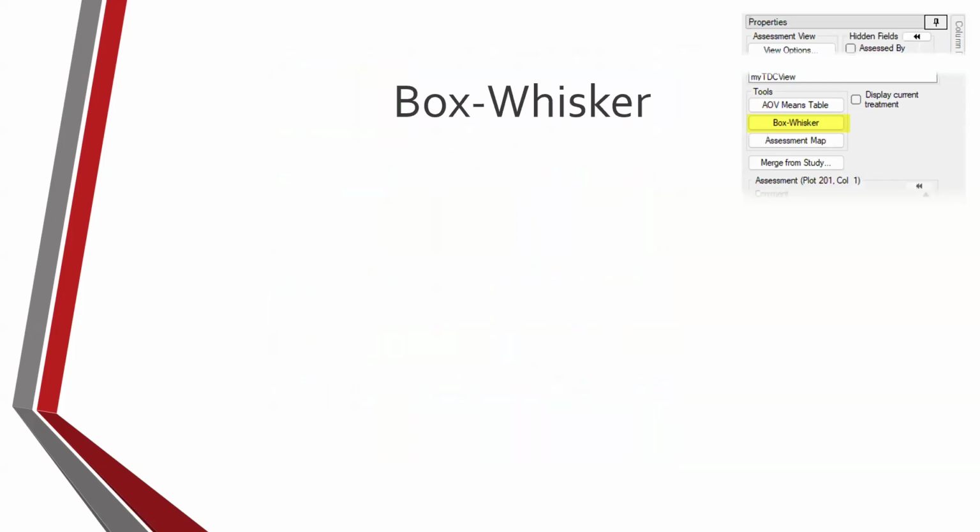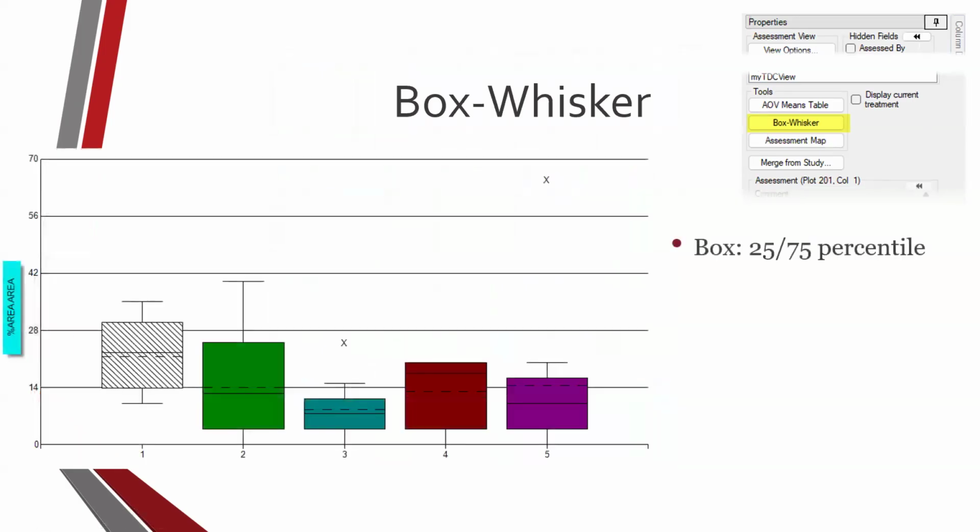Another tool that can be useful for data confirmation is your Box-Whisker graph. So that's found in the very same area on the properties panel as the assessment map. And so the Box-Whisker graph, quick definitions, each treatment has a box and whiskers. That box is calculated from the 25th percentile and the 75th percentile of all of the treatment values in that assessment.